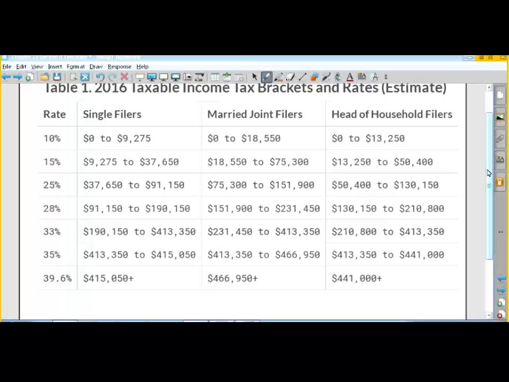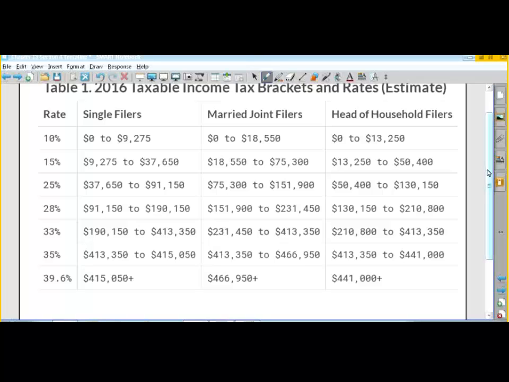Now you may not pay any income tax, because by the time you take your deduction for yourself, that may be enough to make your taxable income zero. Then you will pay no tax.